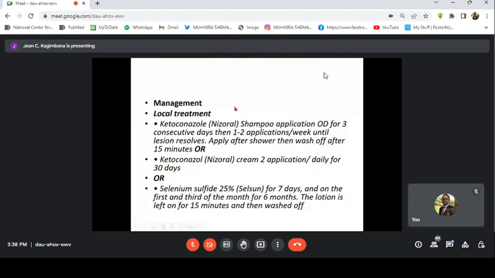Okay? Now, treatment is easy. Is pityriasis versicolor contagious or not? Who says contagious? Not contagious. Okay. Here in Gako, half support that it's contagious. The other half not contagious. How about Huye?